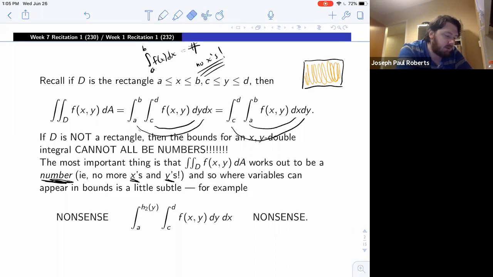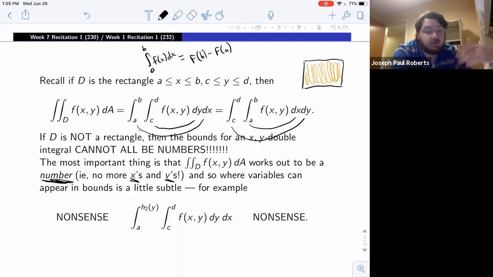You take your antiderivative and plug in and subtract. So big F of b minus big F of a, those are just numbers. There's no x's anymore. So when you're setting up a double integral, that's the number one rule you want to make sure you follow: that your answer works out to be a number.